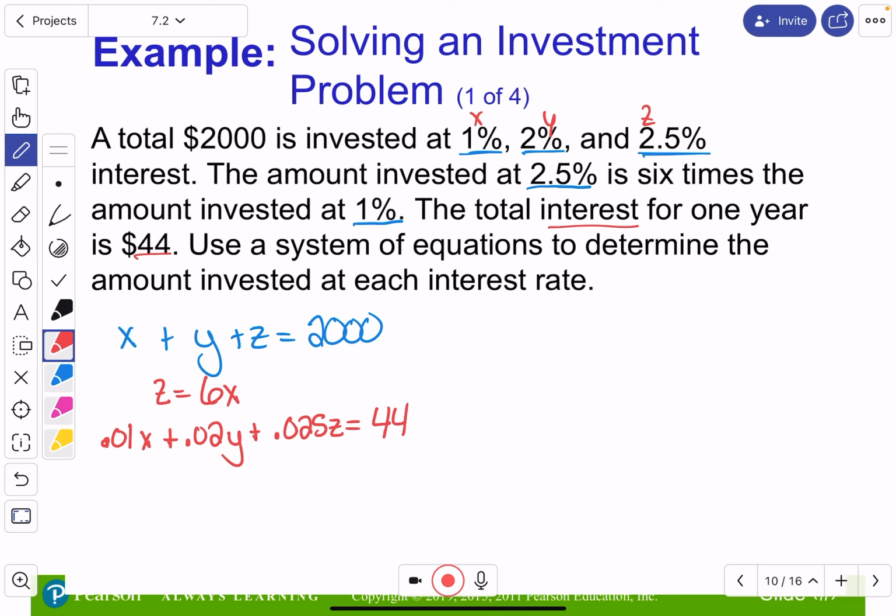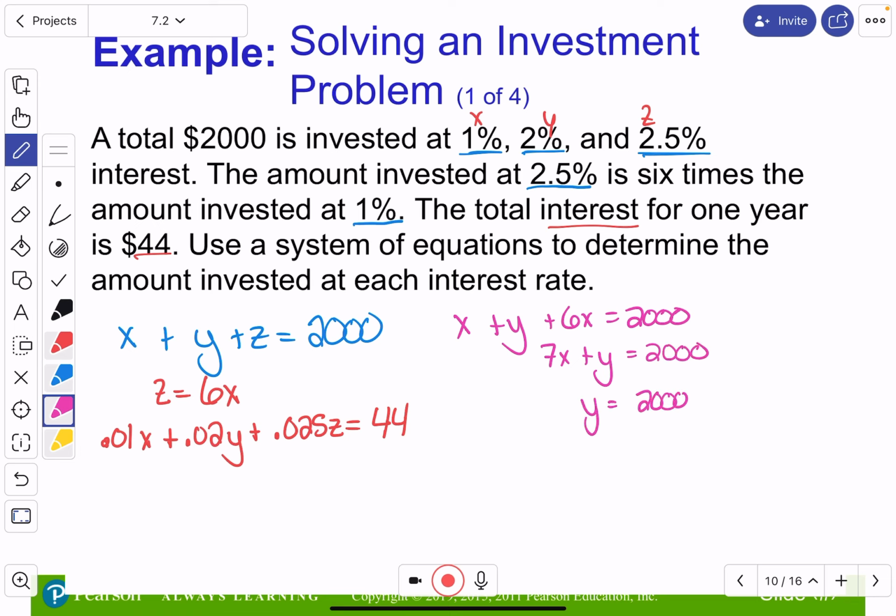Well, let's see what I want to do here. Well, we know z equals 6x. So if here we do x plus y plus 6x equals 2,000, we have 7x plus y equals 2,000. So y equals 2,000 minus 7x.